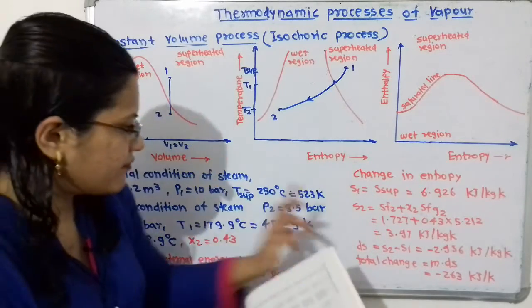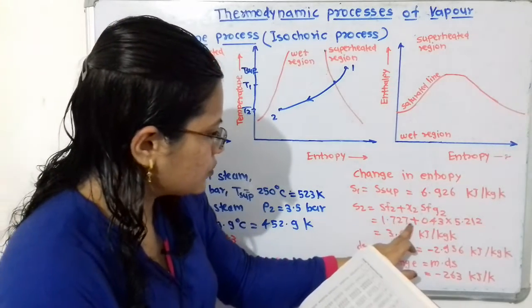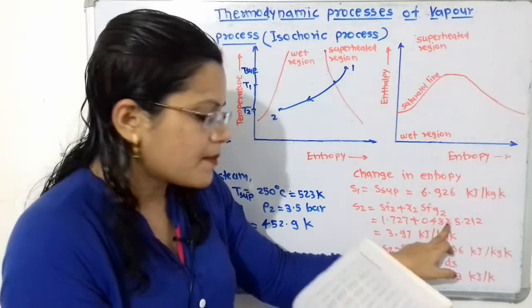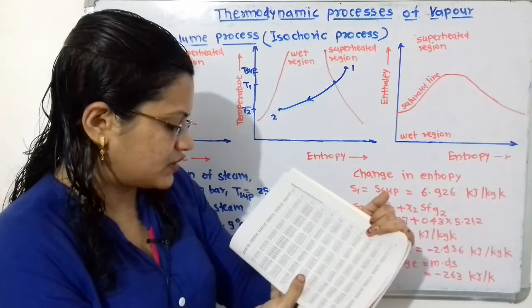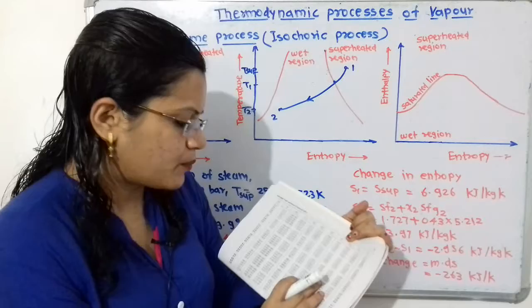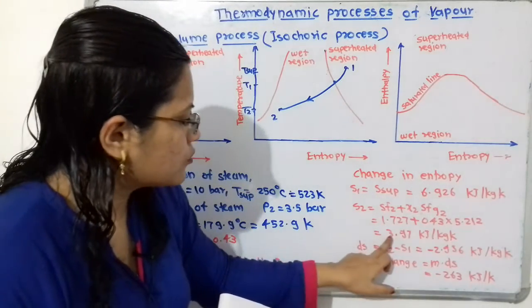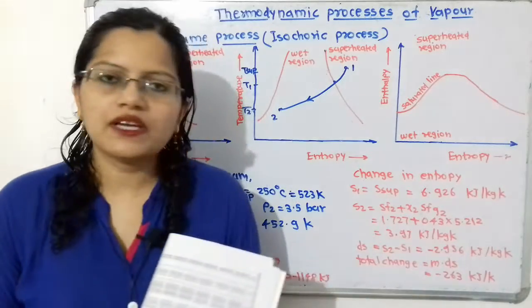Sf is 1.727 plus x2, the dryness fraction 0.43, multiplied by Sfg, which is 5.212. So S2 is equal to 3.97 kilojoule per kilogram Kelvin.